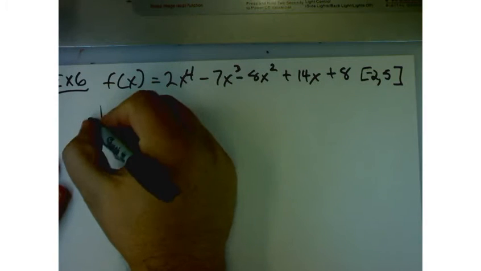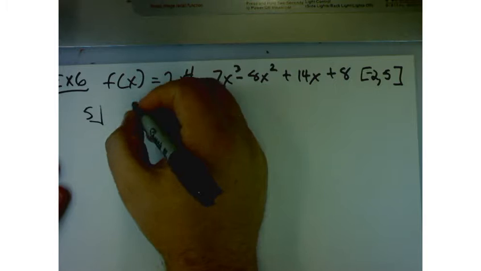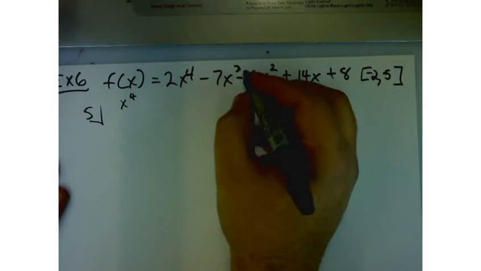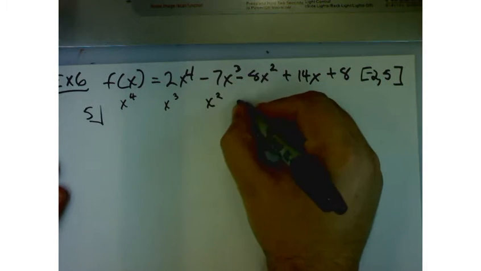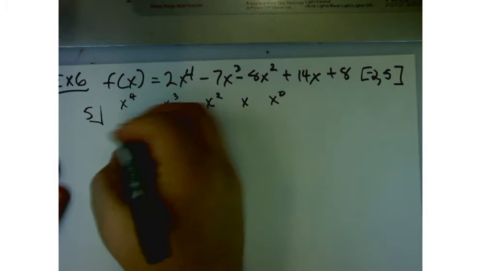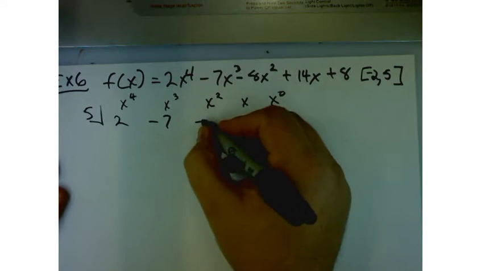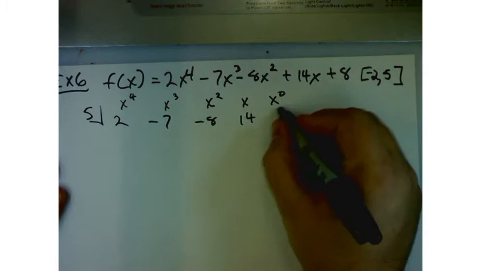So I'm going to do synthetic division of this equation with 5. So I'm going to say x to the fourth, x to the third, x squared, x, and then x to the 0. And then I'm just going to write down the coefficients of each power, and then my constant 8.